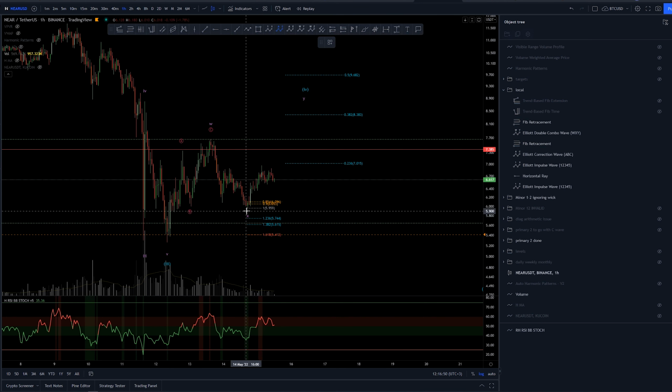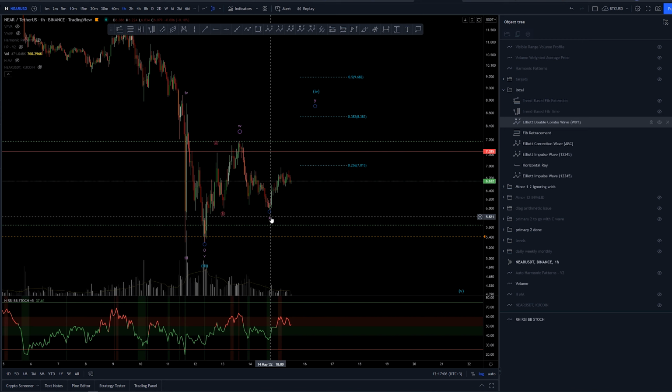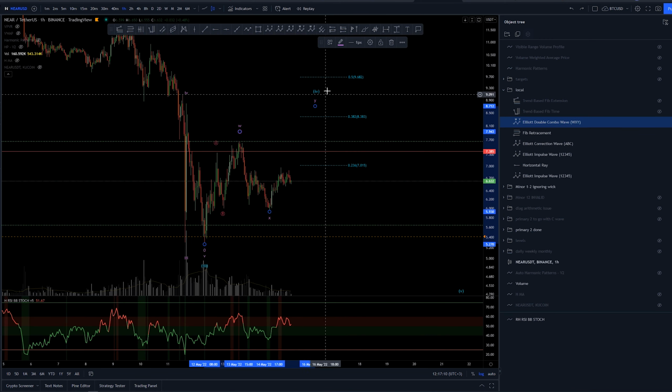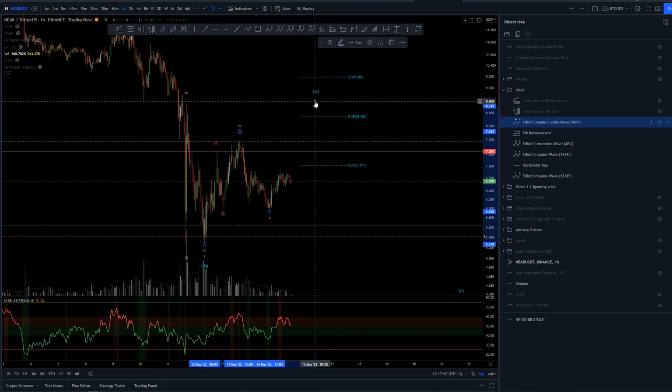That is again the 1.618, which is invalidating the ABC count for an expanded flat. But most likely that is not happening, and if it does, then we just need to move the X wave somewhere, or this WXY currently labeled would become just a regular expanding flat, which is more common.